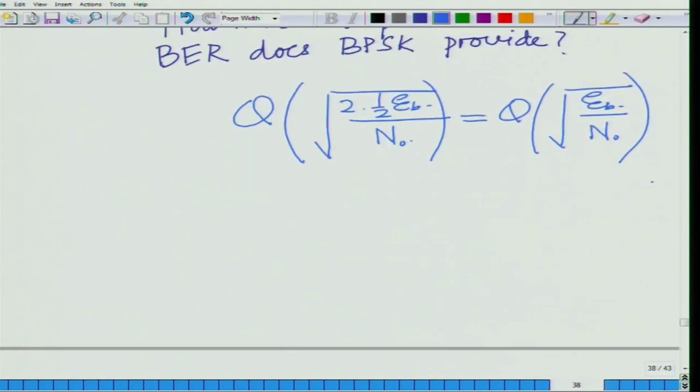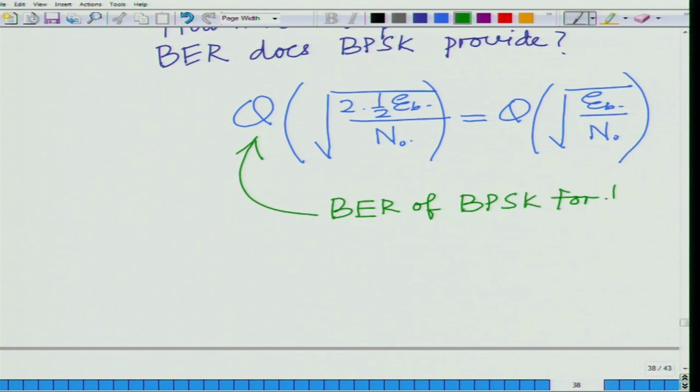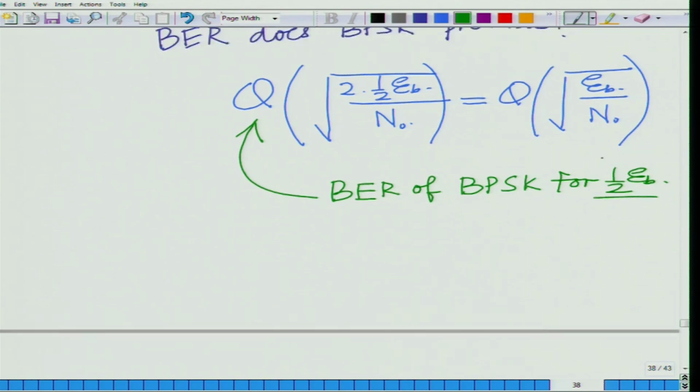So, this is the bit error rate of BPSK for half bit energy. That is, the bit error rate of BPSK with half the average bit energy is the same as the bit error rate of amplitude shift keying with bit energy Eb.